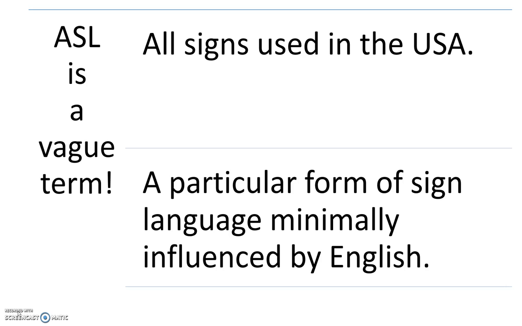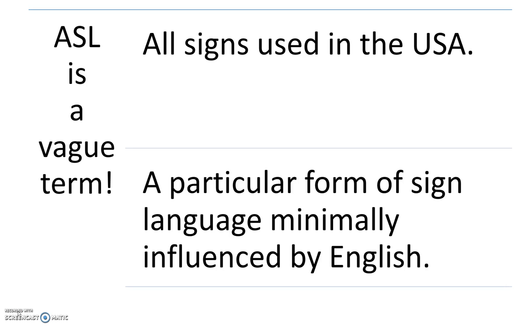As a result, sometimes people use the term ASL incorrectly, or I should say they use it in a non-technical sense. It's true that most people use the word ASL in that non-technical sense to just mean any of the signs that are used, whether they come in English word order or in a particular unique word order, a particular unique usage that is a separate language.